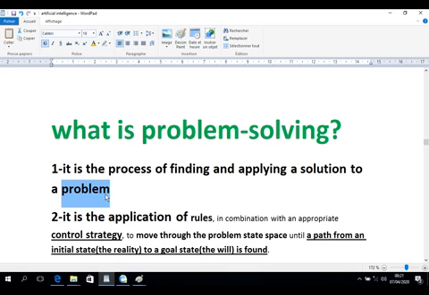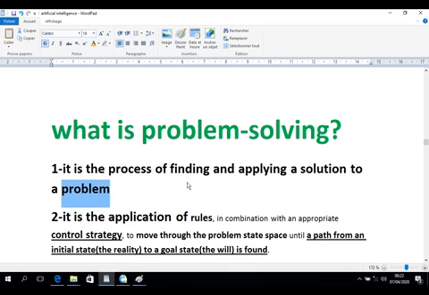Now, what is problem solving? So when you have a problem, you should solve it. What is problem solving? It is the process of finding and applying a solution to a problem. So in problem solving, you find a solution to a problem and you apply that solution to that problem.